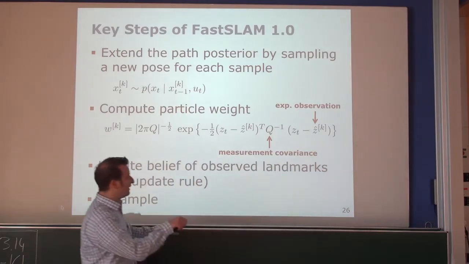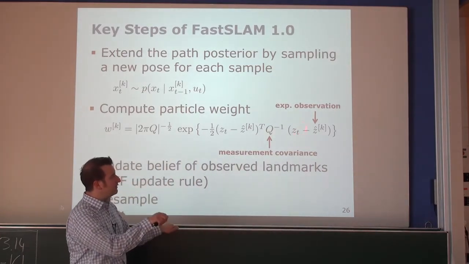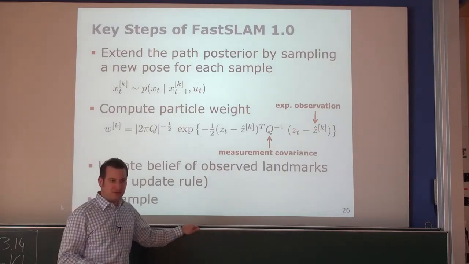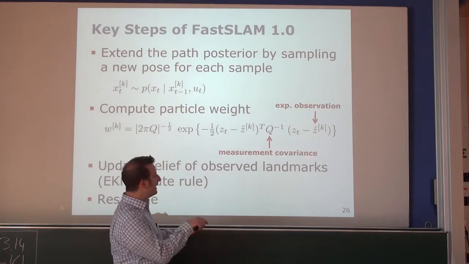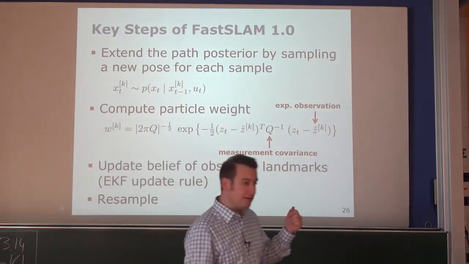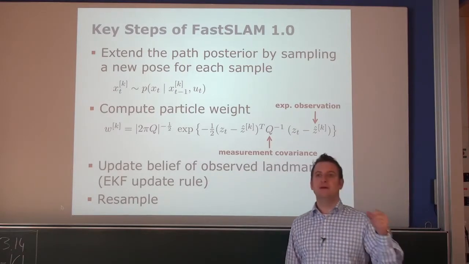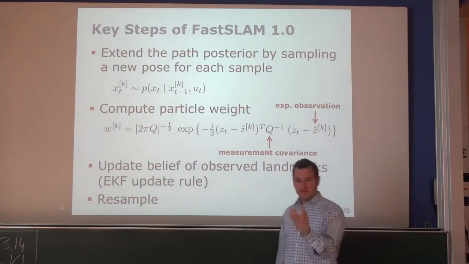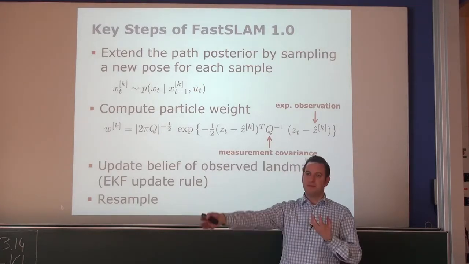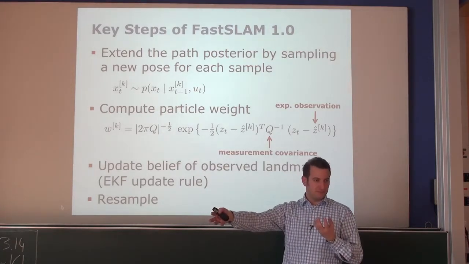So for every sample, I say how well the obtained observation matches the expected observation, and I have a measurement covariance. The measurement covariance is something which I also used in the EKF. This takes into account the uncertainty of the landmark itself and the uncertainty of the observation.